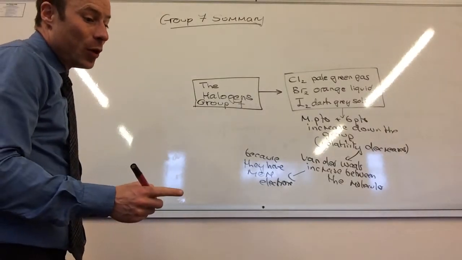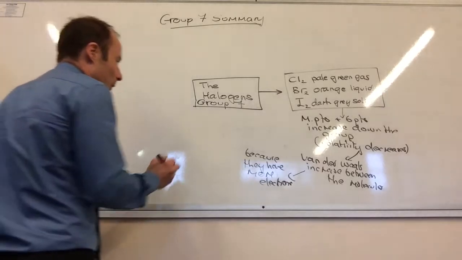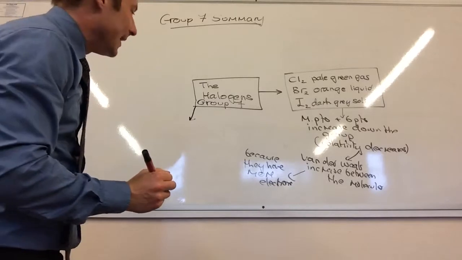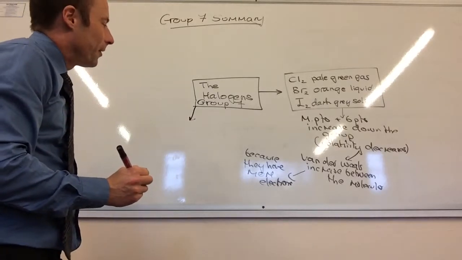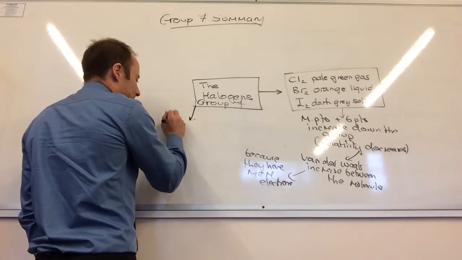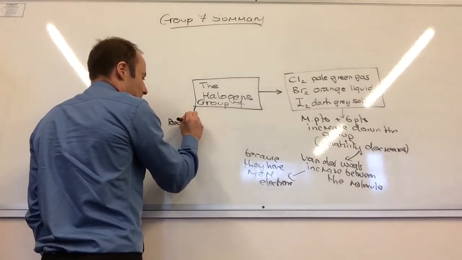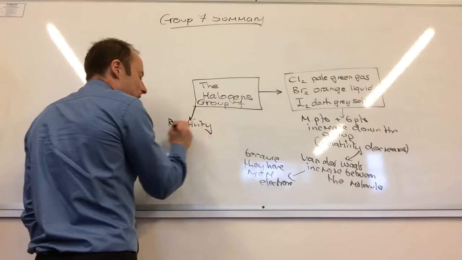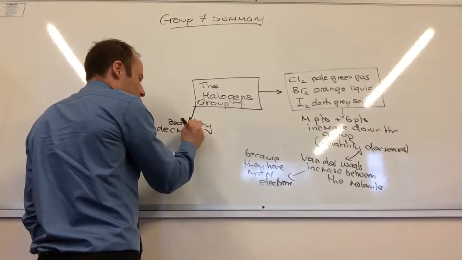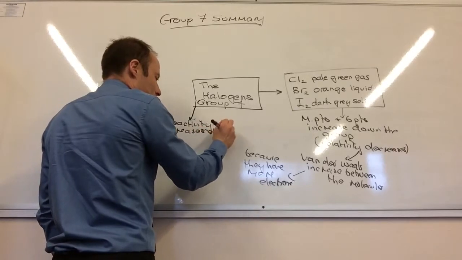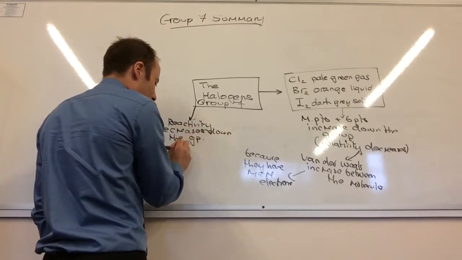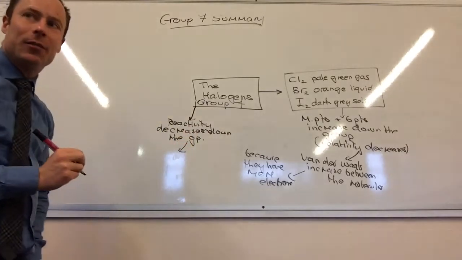The other main one, which we'll do coming off here, is well, let's have a look at reactivity. Reactivity decreases down the group. Why is that?